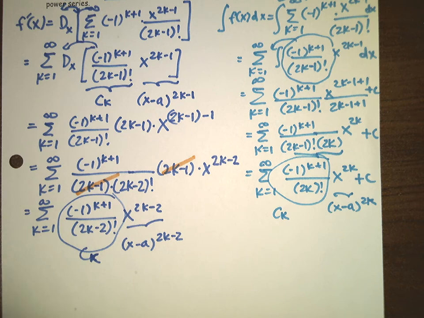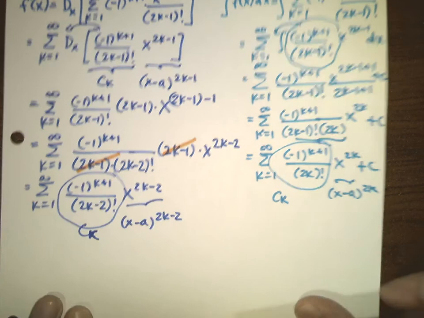All we really need to do now, by the way, in order to find the radius of convergence, remember that generally you would want to make sure that this was in correct power series form, right?